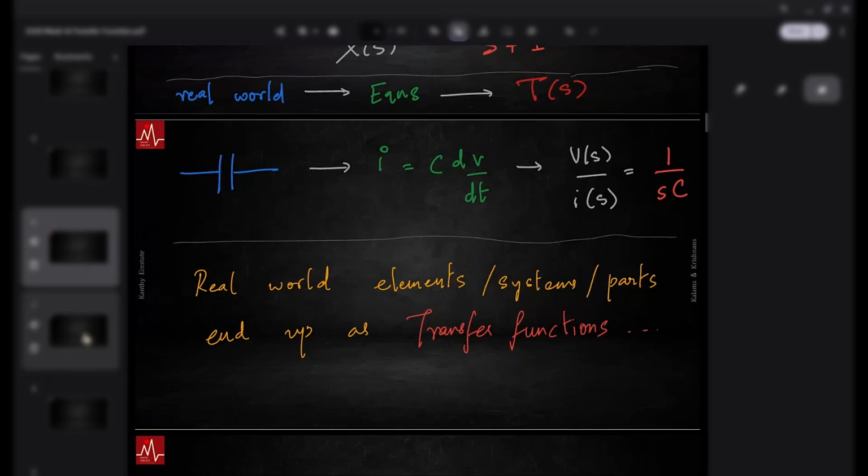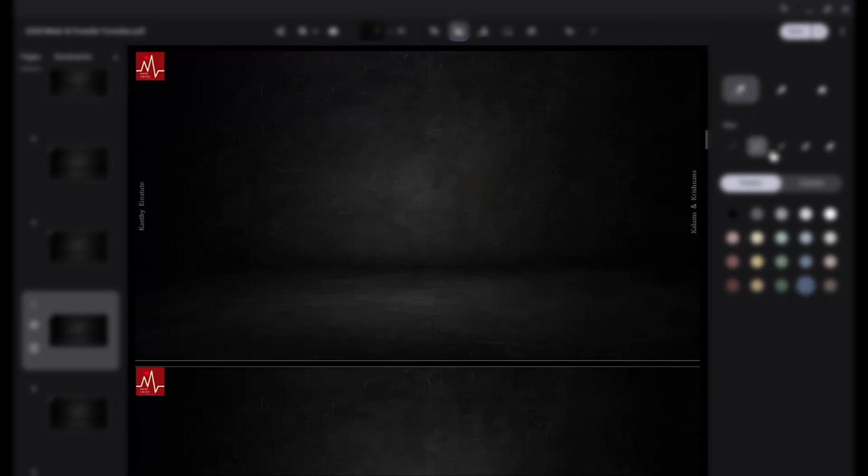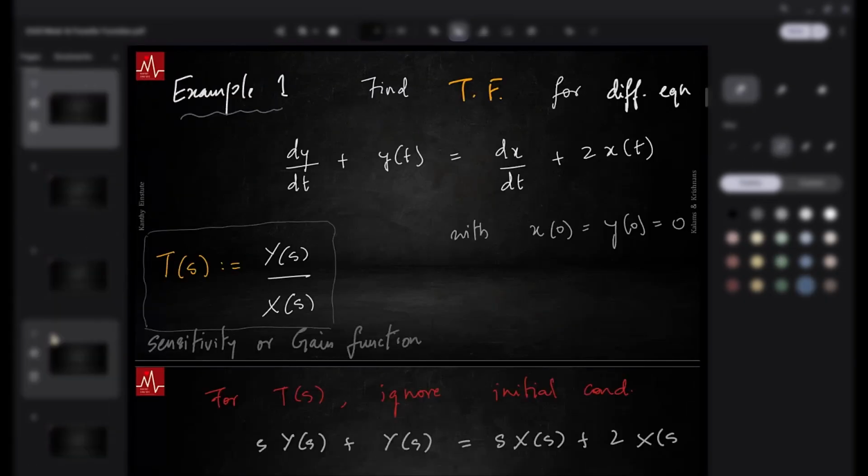So, first important system, example 2. It could be even something like your blood glucose level is the output.